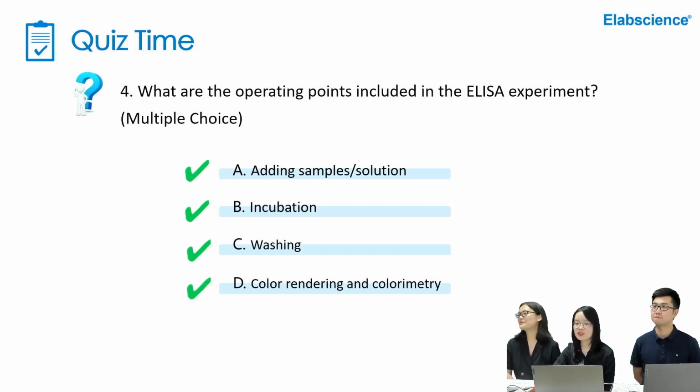All the choices are correct. Although ELISA is a relatively conventional and simple experiment, it will be affected by many factors because it's a micro reagent reaction. Therefore, for ideal results, every step and every operation detail in the ELISA experiment is worth paying attention to.